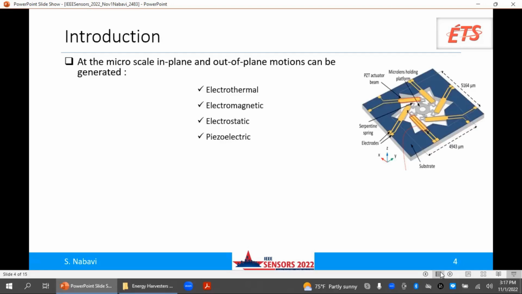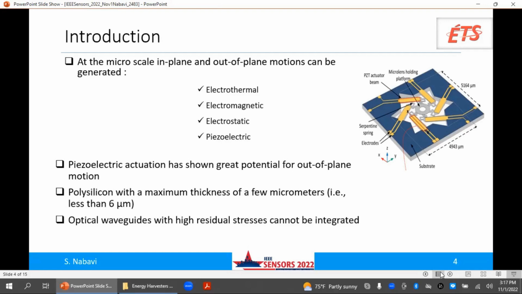However, when we talk about out-of-plane motion, the piezoelectric actuation mechanism shows great potential. When using piezoelectric actuation, we normally have a thin device layer, normally made of polysilicon, and the thickness of the polysilicon cannot exceed a few micrometers.